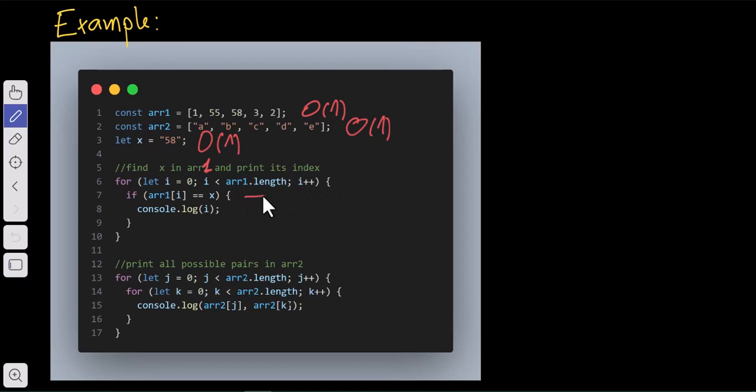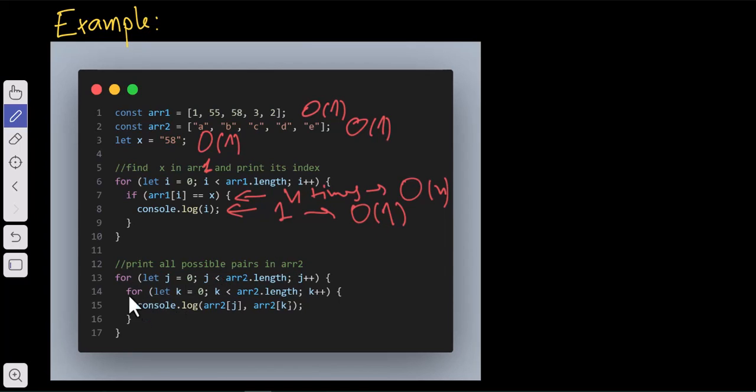So the test here is happening n times, which means that the complexity is O of n. And we are considering the worst case scenario and considering that we are going to find x at the last position of the array 1. This operation is going to happen only one time, which means that the complexity is O of 1, or is a constant time.